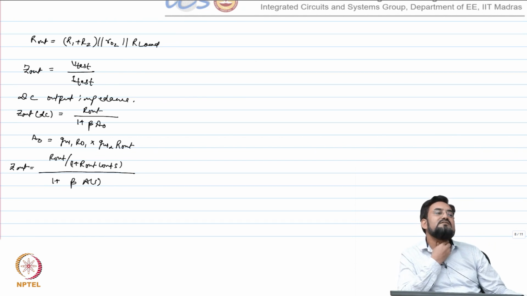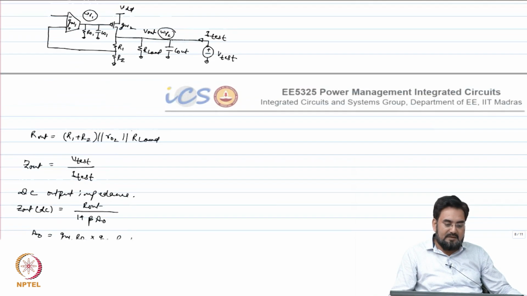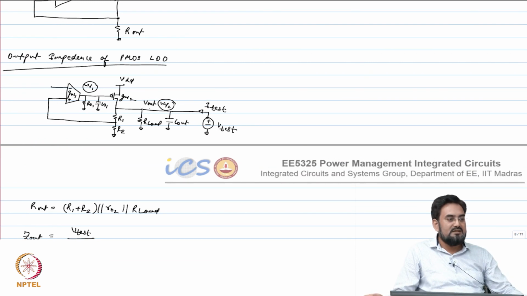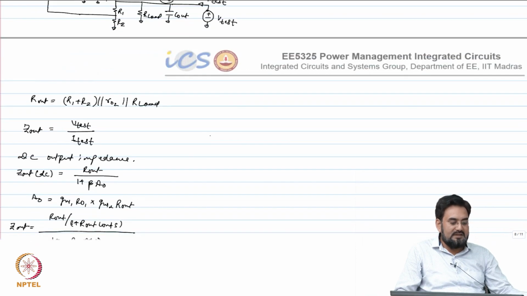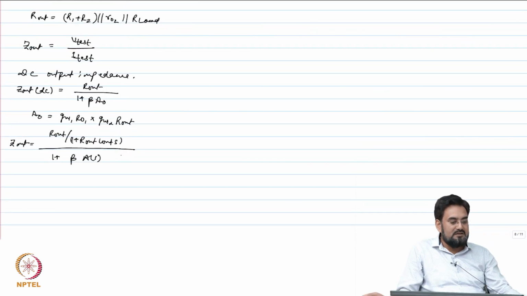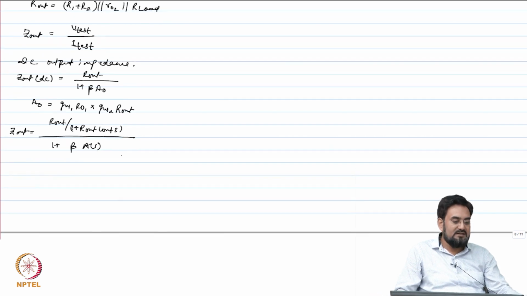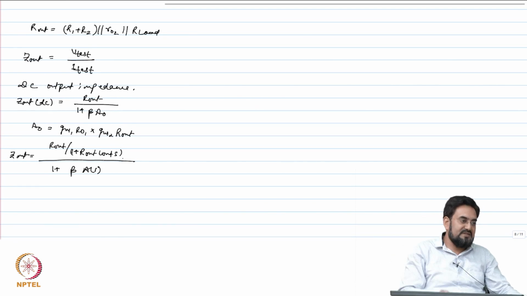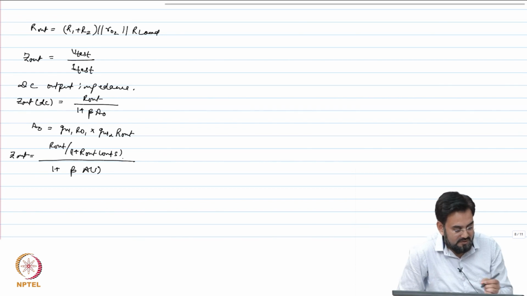Is this correct? So once you start considering the cap, the impedance looking at this will be R out parallel C out, and that is what you get: R out over 1 plus R out C out S when you have R and C in parallel, divided by 1 plus beta and the overall loop gain transfer function. So what is the loop gain transfer function?